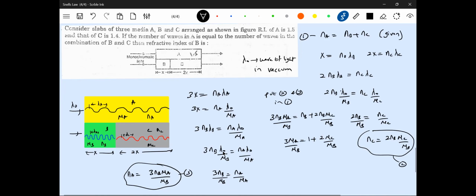What are the known things? Refractive index of A is 1.5. That of slab B we don't know. Refractive index of slab C is 1.4. This is mu B. 4.5 mu B plus 2.8.